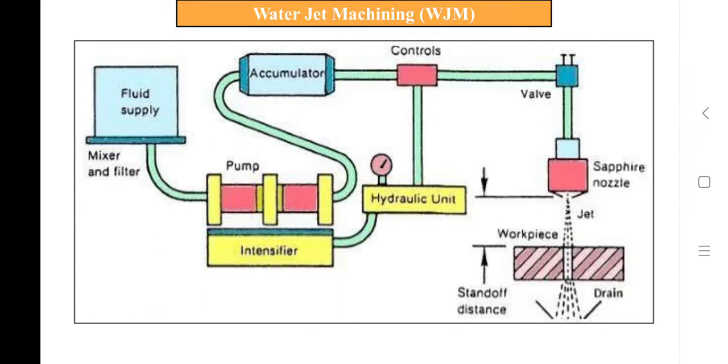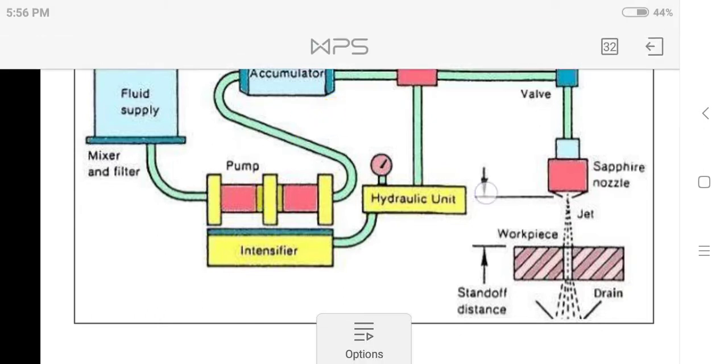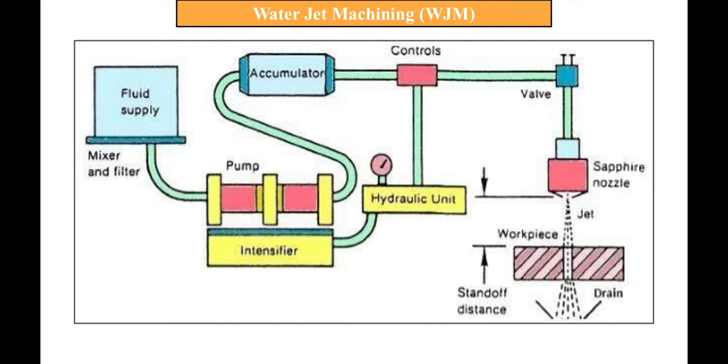This pressurized water is then discharged with the help of a small diameter nozzle that converts the pressure energy into kinetic energy. The water jet that comes out of the nozzle possesses enough energy to slice polymeric or organic material, and thus water jet machining is commonly used in food, polymer, and leather industries.